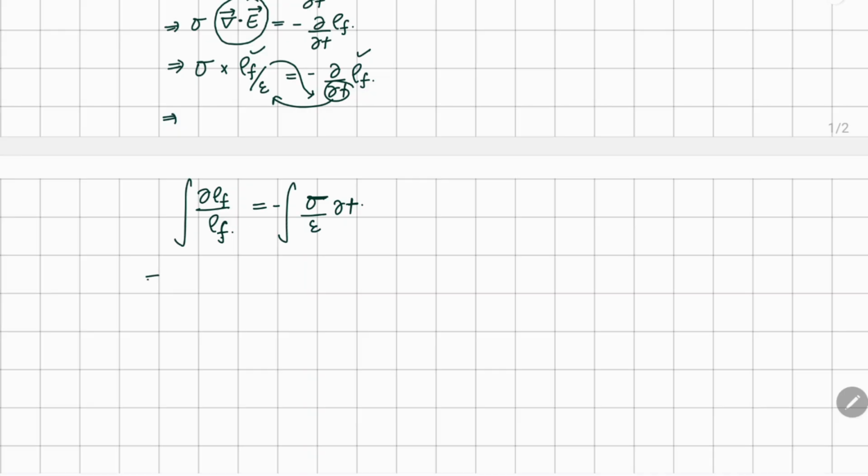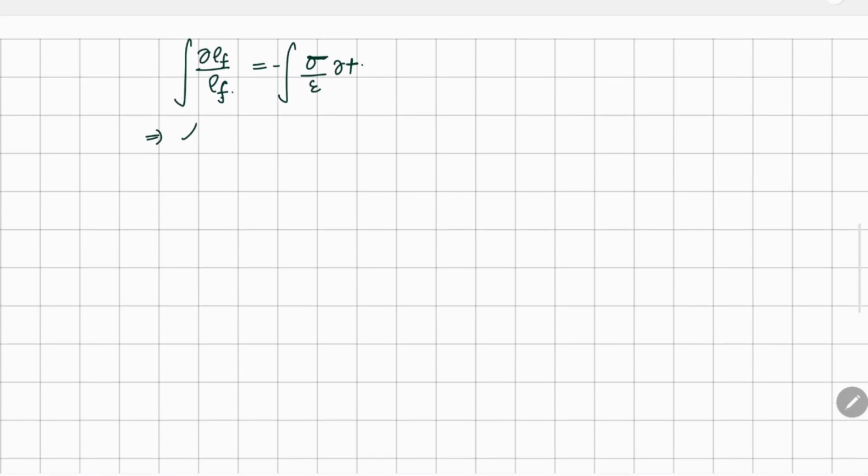Which implies ln of rho_f equals minus sigma by epsilon t plus some constant, ln of rho_f0. Now I'll tell you why I wrote rho_f0 here. It's very important actually.